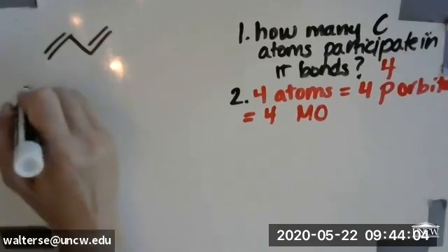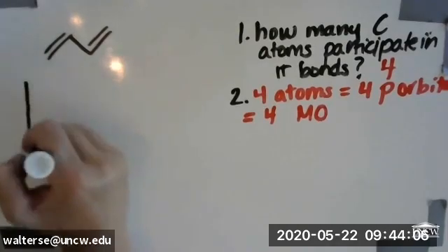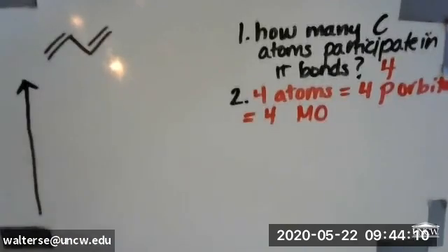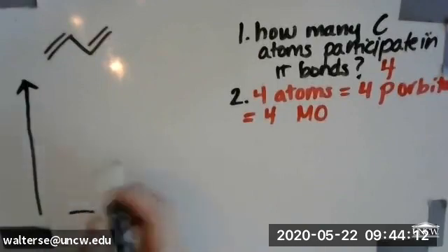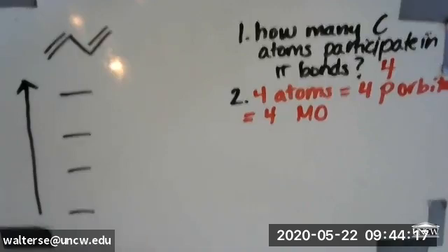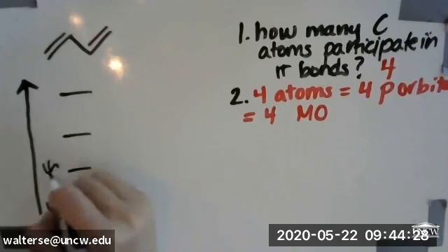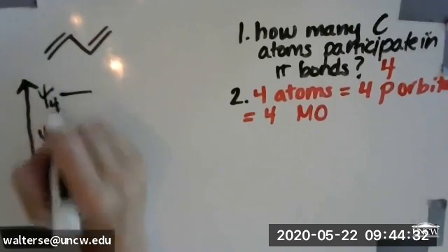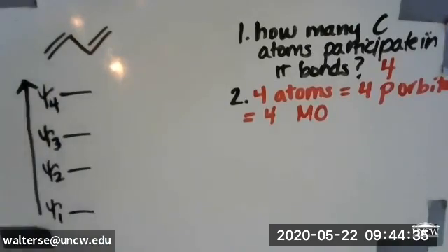So then what you would draw is 4 lines for the molecular orbitals. 1, 2, 3, 4. Now, when you have more than two, the naming becomes a little bit more challenging, so you won't have to do that. So we'll just say, well, this is going to be wave 1, wave 2, wave 3, wave 4.